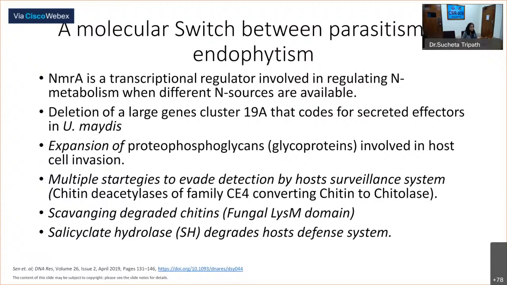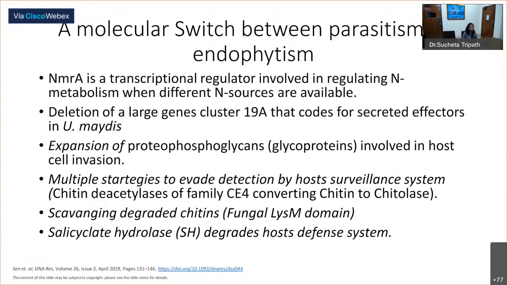And apart from that, it also has many mechanisms, like when there is a pathogen or another organism trying to enter into the host. Say, for example, plants are very sensitive to fungi, and the fungal cell wall contains an element called chitin. If the plant sees that there is chitin nearby, then it releases an enzyme to degrade it.